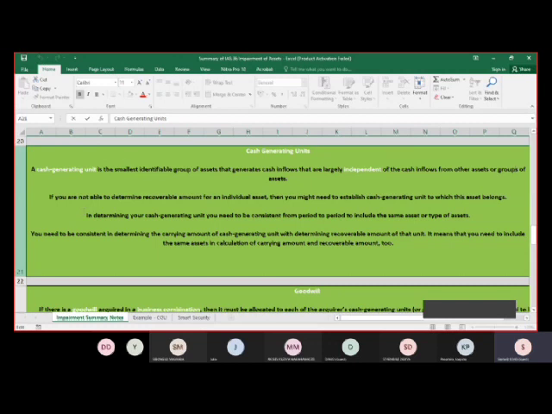So I'll make an example. If you have a pizza business, which one? Debonair's, right? Basically for Debonair's, we are using ovens to bake the pizza. So the Debonair's unit is called a cash generating unit because the oven that you are using to sell pizza is generating cash inflows to the business, right?